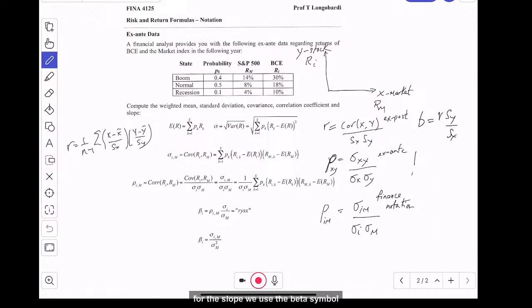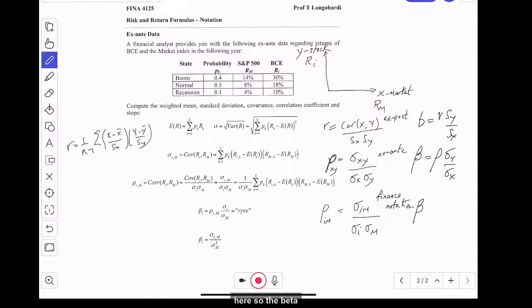For the slope, we use the beta symbol because it's Greek letters. We're treating it like it's a distribution and represents the population. So this is beta, this is rho, and then sigma y over sigma x. And I could put xy in there too, but I don't because it's obvious. And just to be fancy, however I do it here.